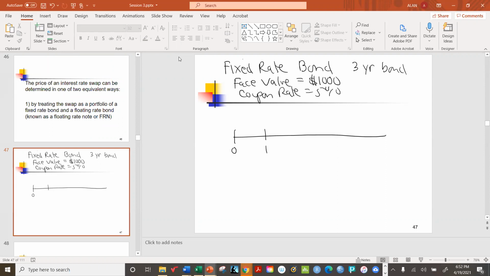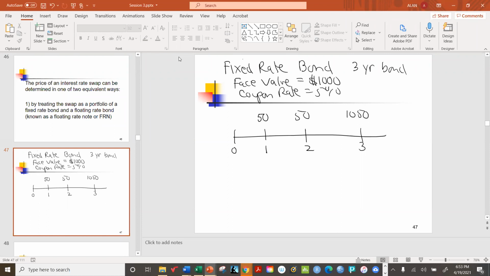Next year, we'll get a $50 interest payment or coupon payment. The following year, we'll get another 50, and then finally, we'll get not only a $50 coupon payment, but we'll get our $1,000 back. Those are the cash flows to a fixed rate bond.